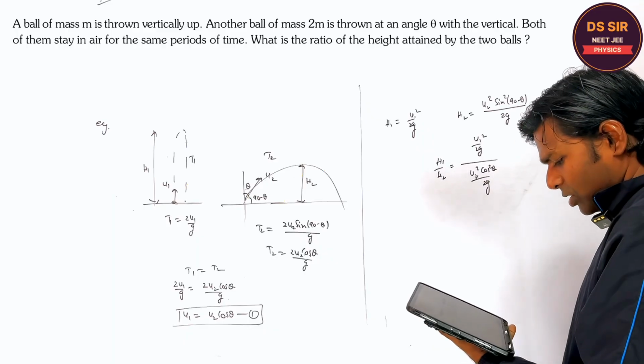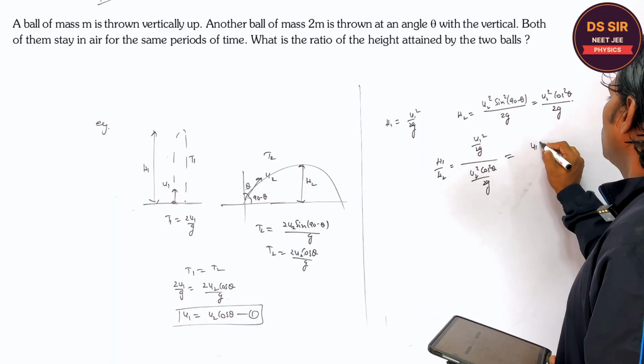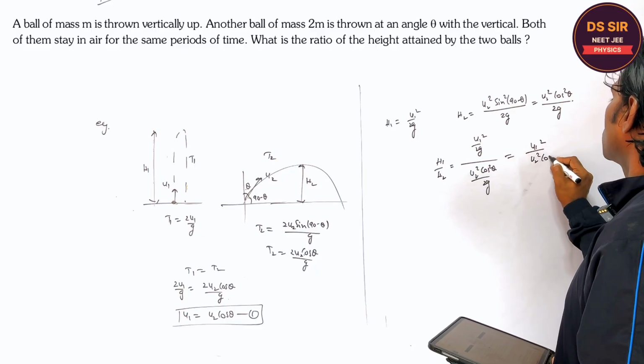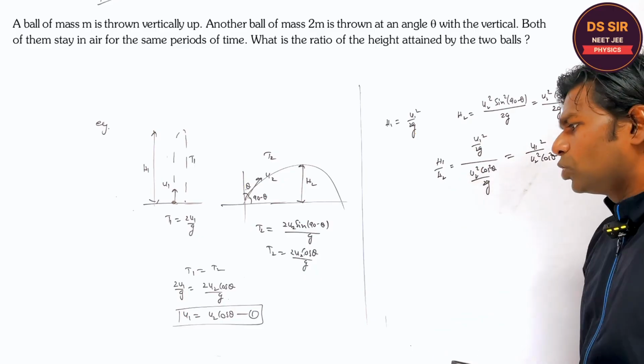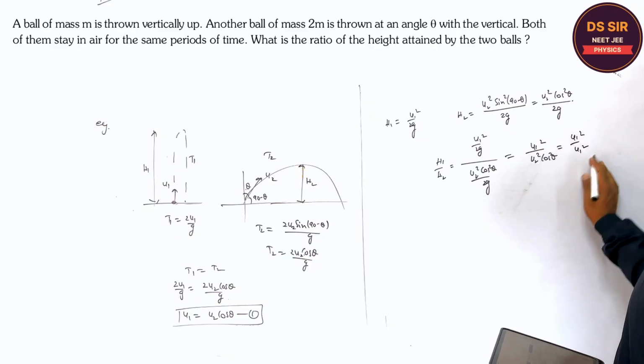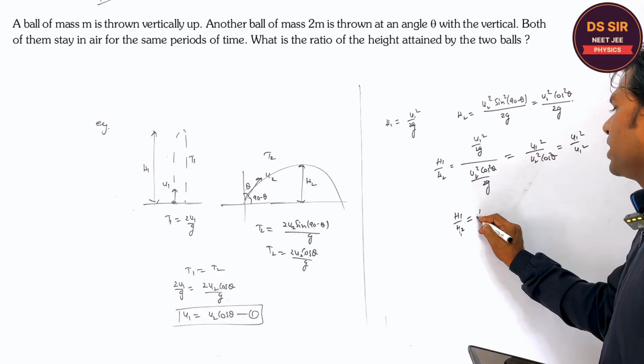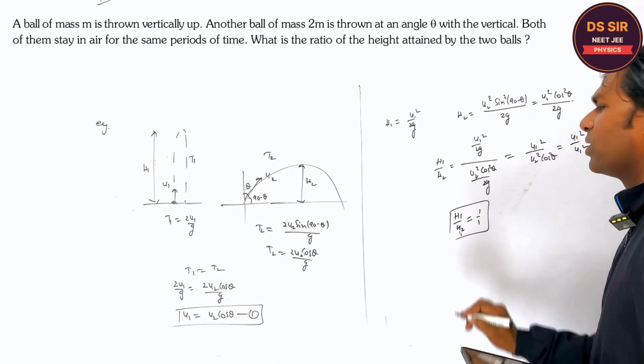Is it clear or not? 2g will cancel out, leaving u1 square upon u2 cos square theta. So u1 and u2 cos theta are both the same. I think you are getting that the ratio of the maximum heights h1 and h2 is 1:1.